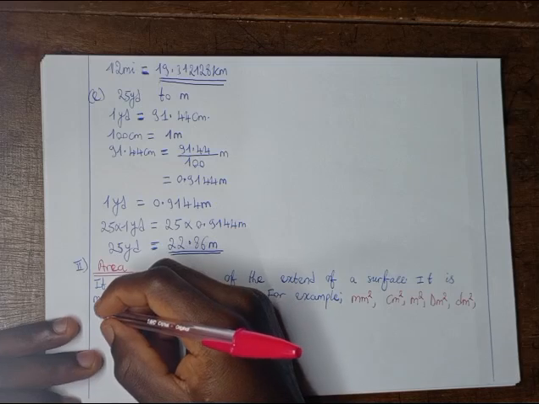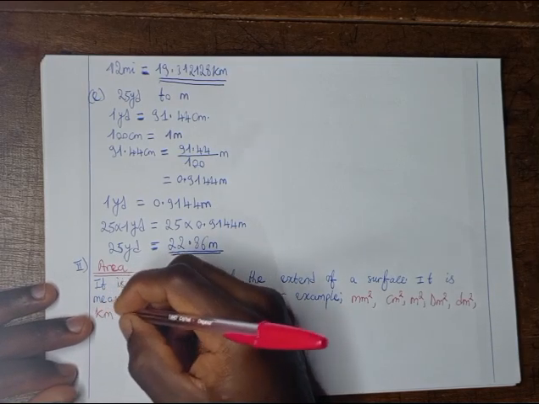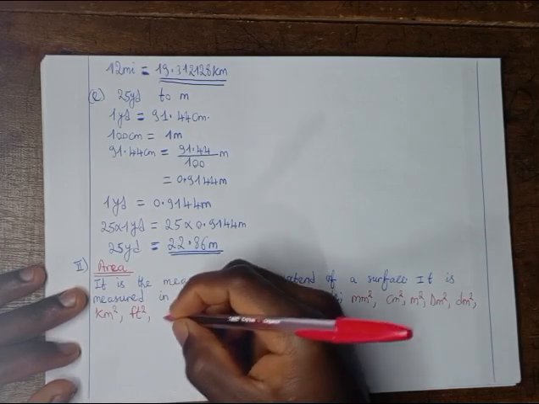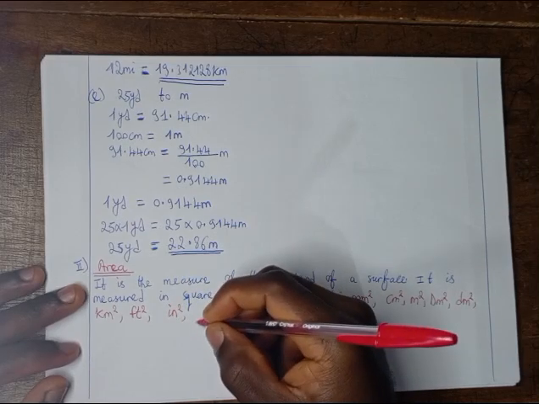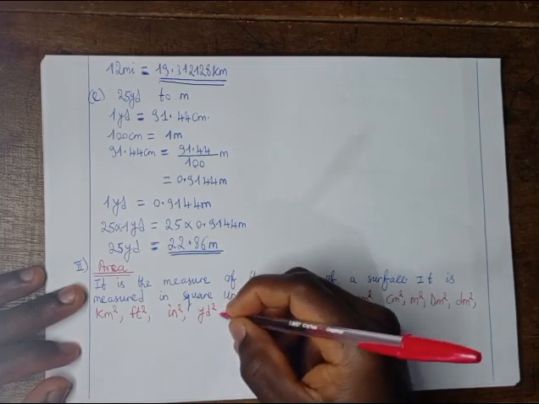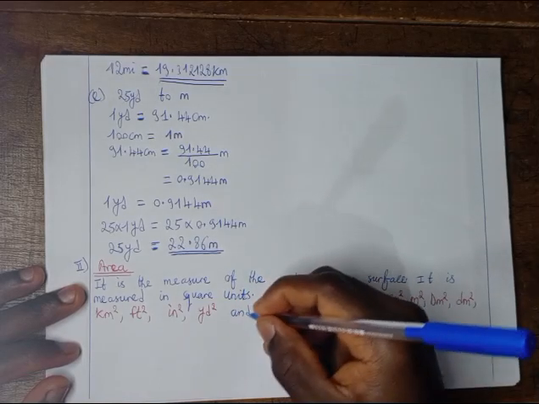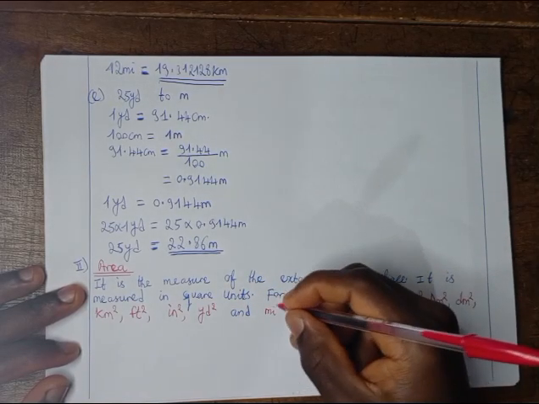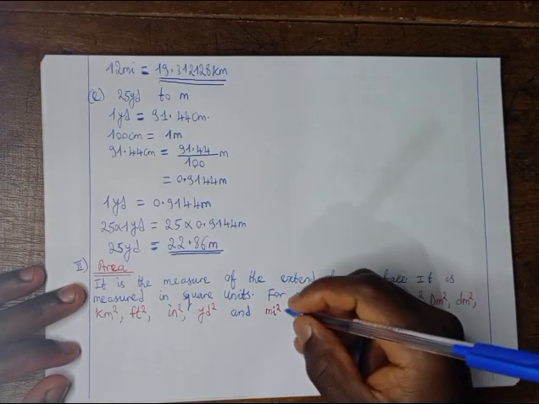We have kilometer squared. We have foot squared. We have inches squared. We have yard squared, and miles squared. These are all units we can use in measuring area.